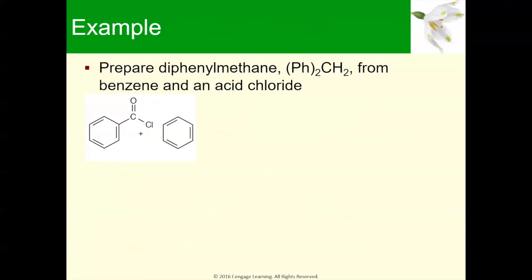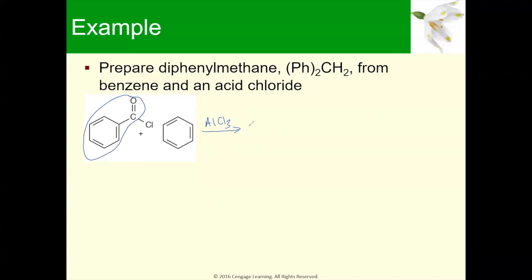So, example problem here. We want to prepare diphenylmethane. That's just, instead of CH4, two of the hydrogens have been replaced with benzene rings, phenyl groups, from benzene and an acid chloride. So we want to think about the right way to prepare that. Well, if I do this reaction in the presence of aluminum chloride, I get a Friedel-Crafts reaction that's just going to substitute one of the hydrogens on this benzene ring with this part of the molecule.